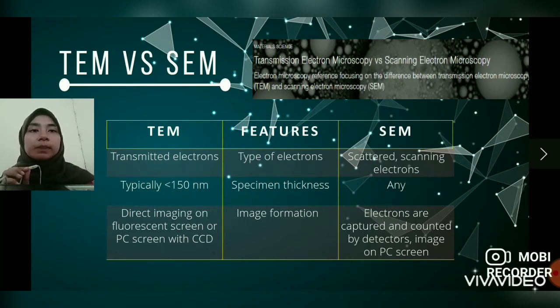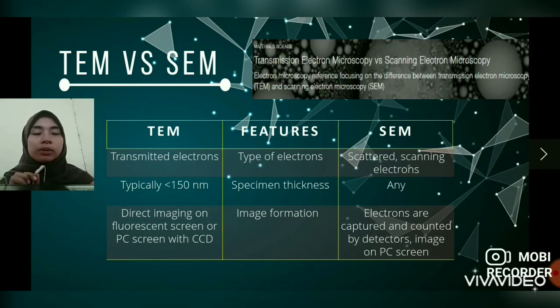For the specimen thickness, as I stated before, TEM must use specimens that are less than 150 nanometers, while SEM can use any width of sample, but not very large.